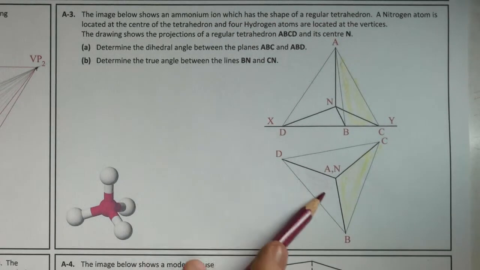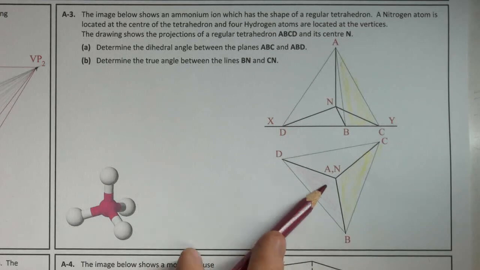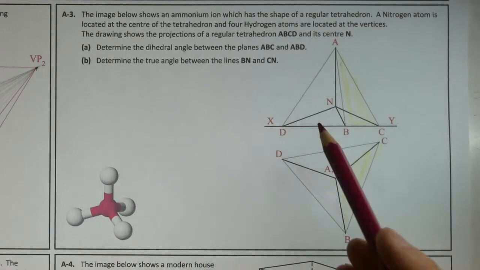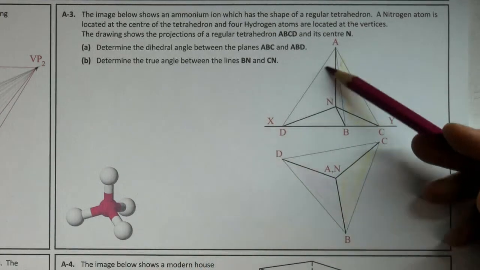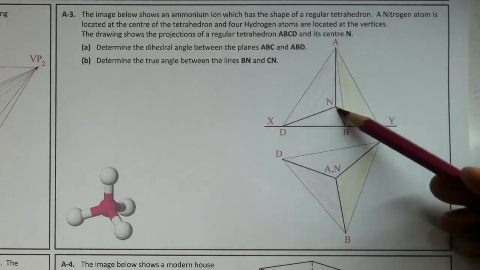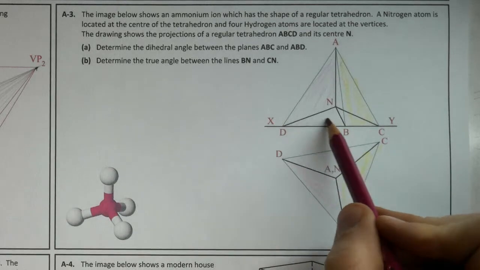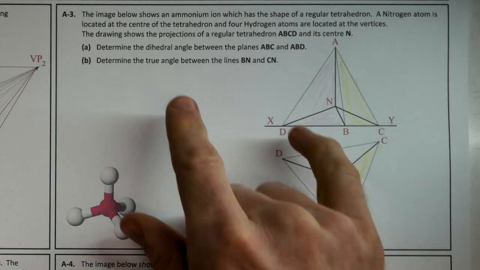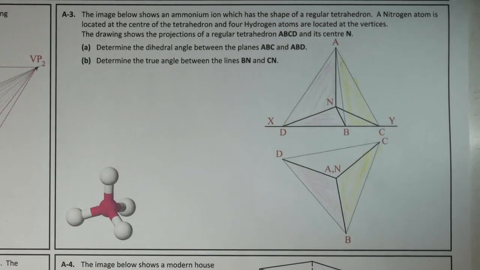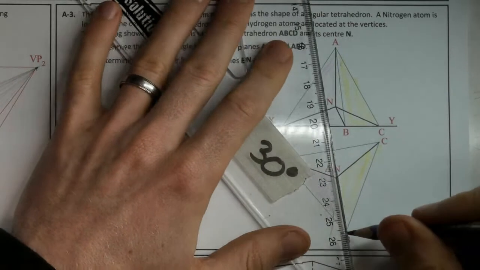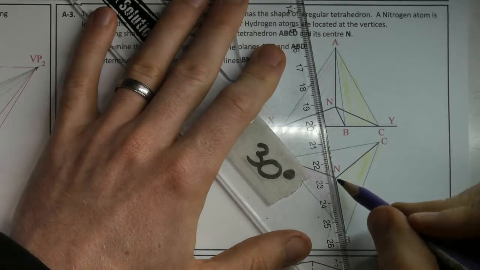ABD. So that plane there as well. So it's 2 surfaces. Now what they're asking us to do is to find the dihedral angle between them. So the dihedral angle is the line that's shared between them.